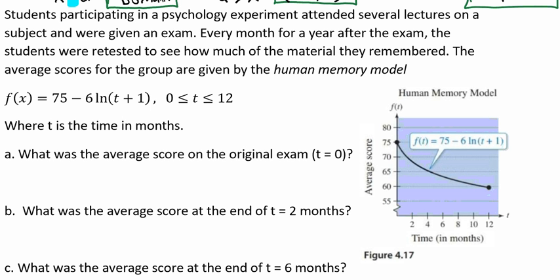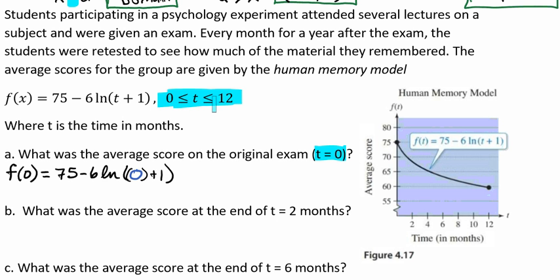So it asks us what was the average score on the original exam, meaning when t equaled 0. So what that means is we want to find f of 0. So we're going to take our 75 minus 6 times the natural log, and plug that 0 into the t's spot, plus 1. And we are allowed to plug in the 0 because 0 lives between 0 and 12, or is equal to 0 and 12.